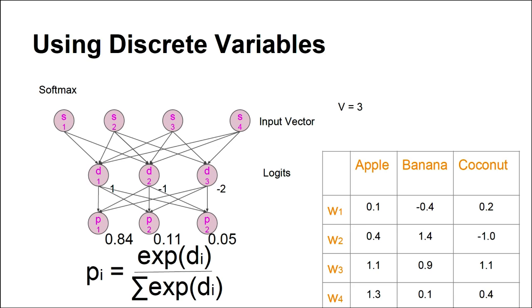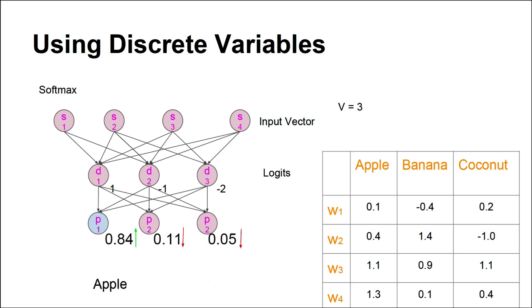And this will give you a nice property: the values will always be between 0 and 1, and the sum of all of them will be 1. So it's something that emulates a probability. And suppose that we actually observed that the Cookie Monster gave an apple back in that case.